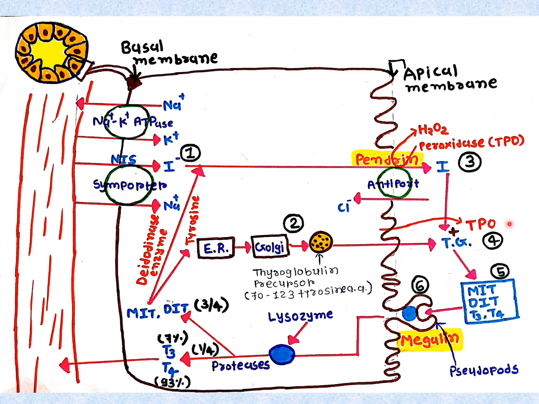Almost as rapidly as thyroglobulin is released from the Golgi apparatus or secreted from the apical membrane, the iodine binds with the tyrosine amino acid within the thyroglobulin molecule.